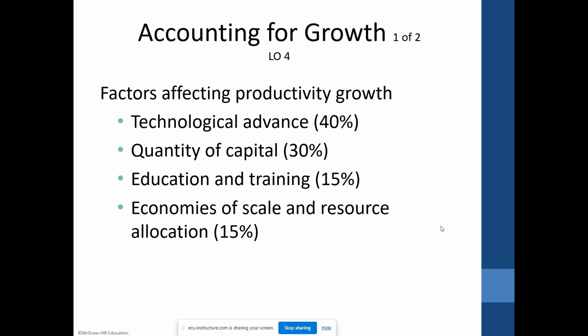The quantity of capital explains roughly 30% of productivity growth. More and better plants and equipment make workers more productive. Education and training, economies of scale, and resource allocation account for the remaining productivity growth.